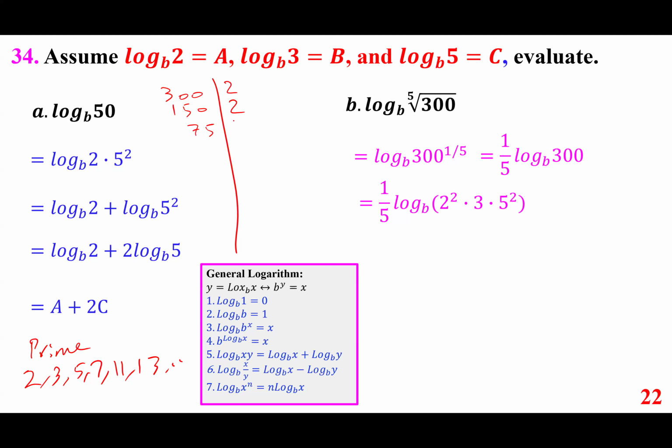No. So go to 3, 25. Can you divide by 3 anymore? No. 5. You get 5. 5, you get 1. And when you get to 1, you're done. And this means this. Okay, everybody? I hope everybody is okay with that. So this is very straightforward.